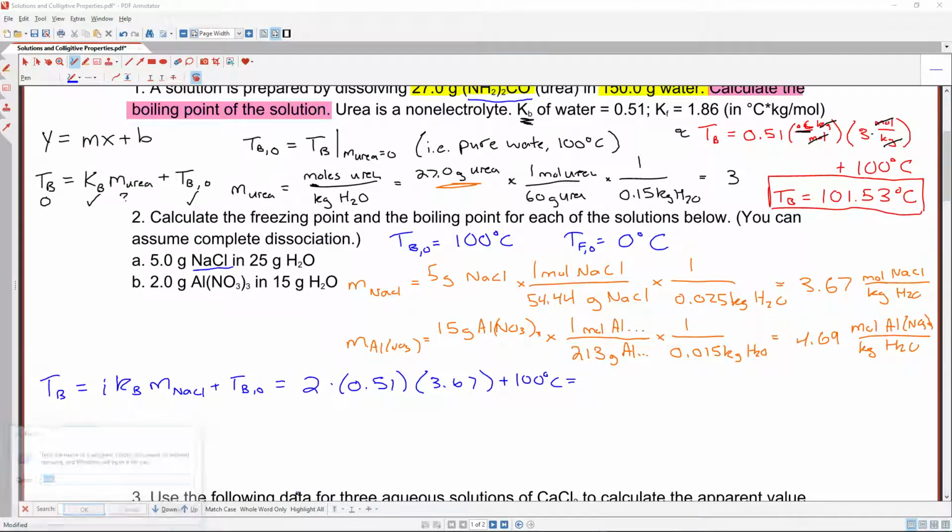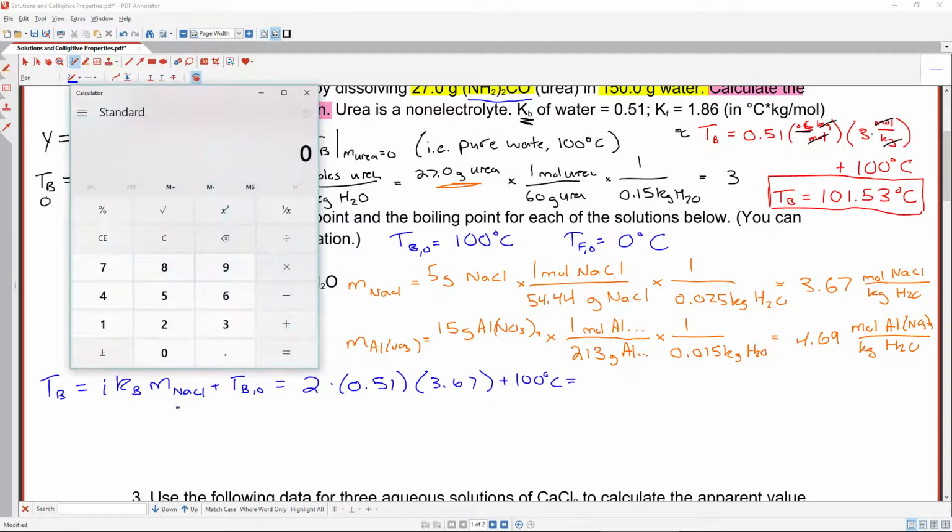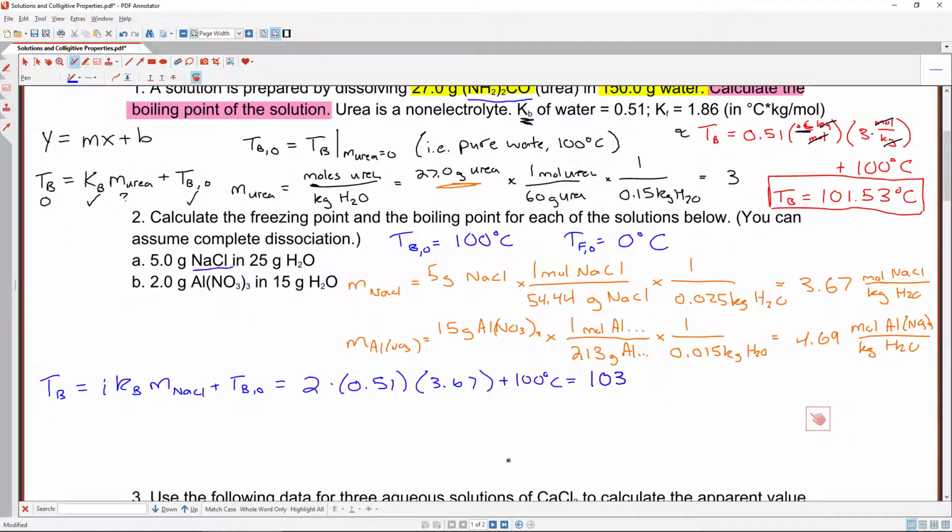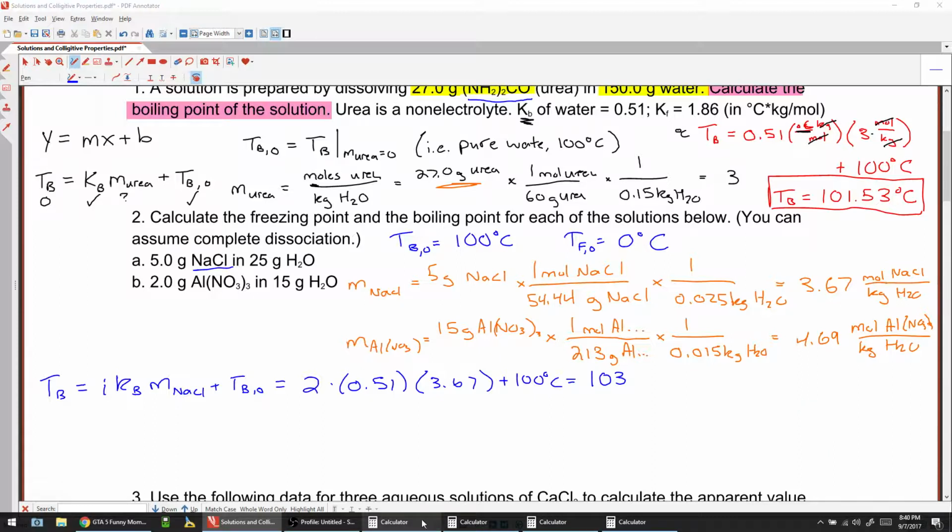Let's run through that calculation really quick. So that's 2 times 0.51 times 3.67 equals, and then plus 100. Alrighty, so that's 103.7. Oh gosh, so many calculators.